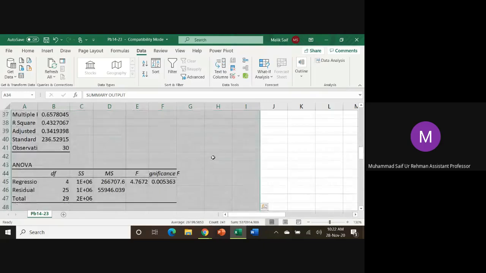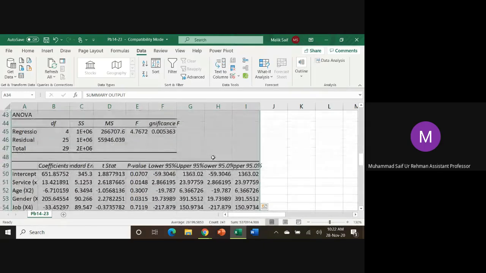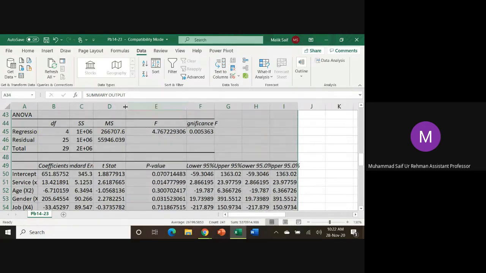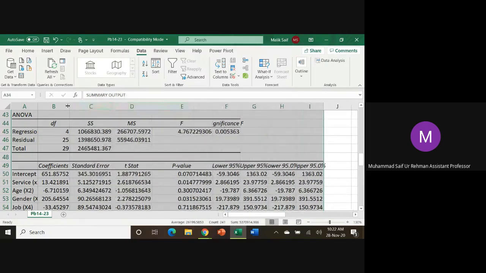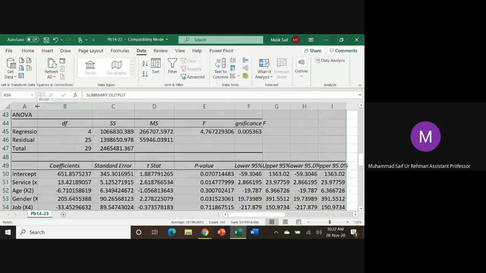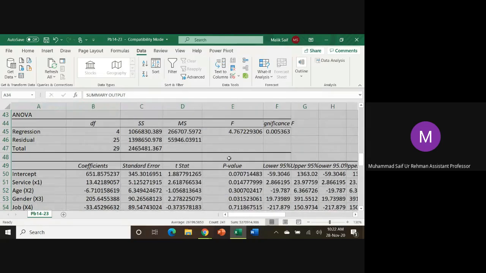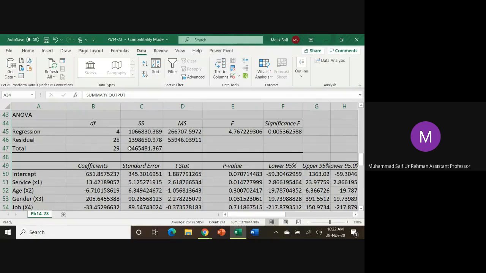So this is the summary output. Okay, here you can see what will you see over here. First of all, you will see the F statistic, and in this case you will consider the null hypothesis, that is beta 1 is equal to beta 2 is equal to beta 3 is equal to beta 4.